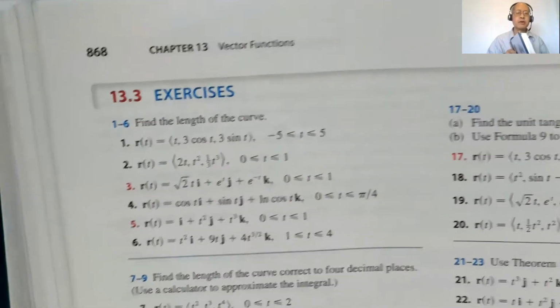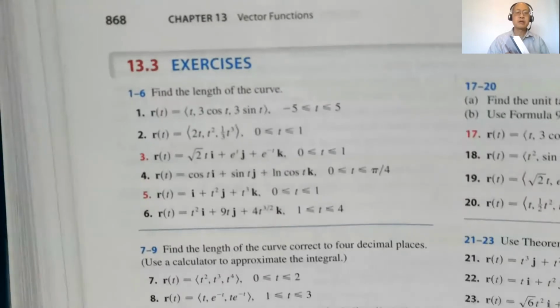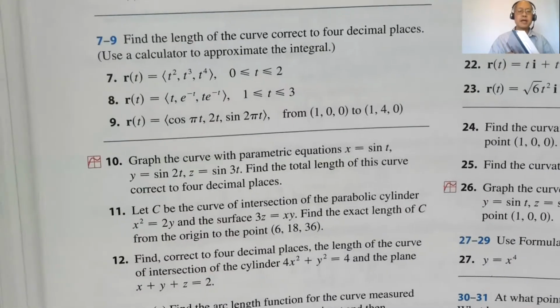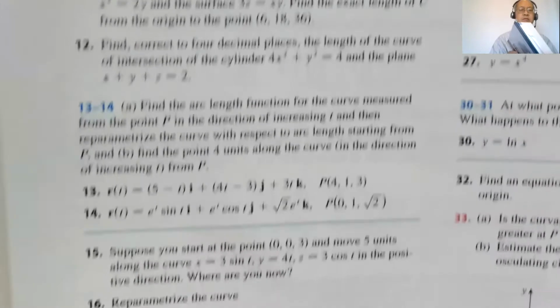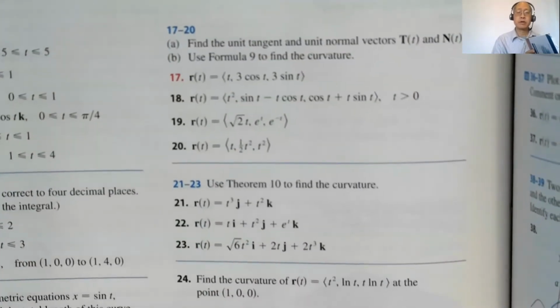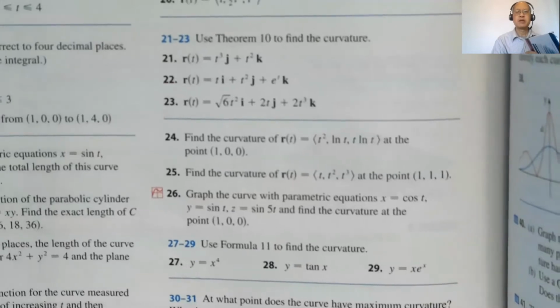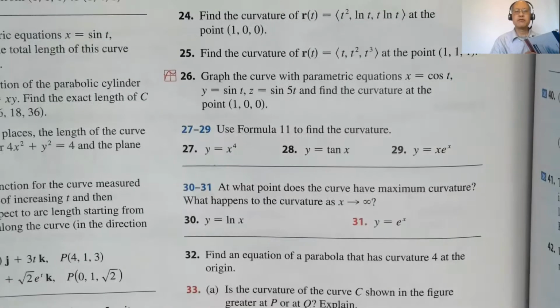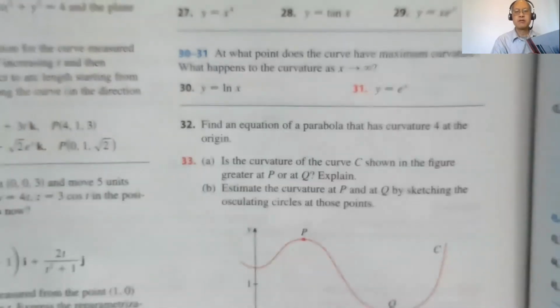Okay, section 13.3, page 868. For the benefit of those of you who don't have the text, I feel justified in going quickly because you can always pause, rewind, or fast forward as much as you want. Find curvature, find curvature, find curvature.